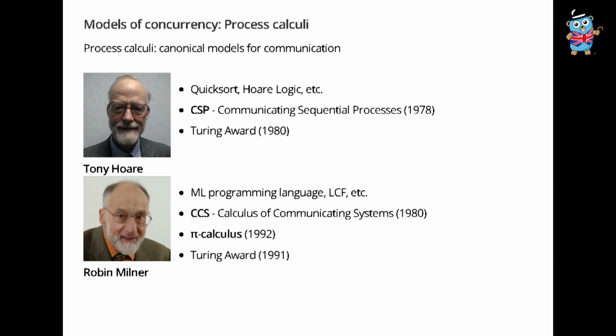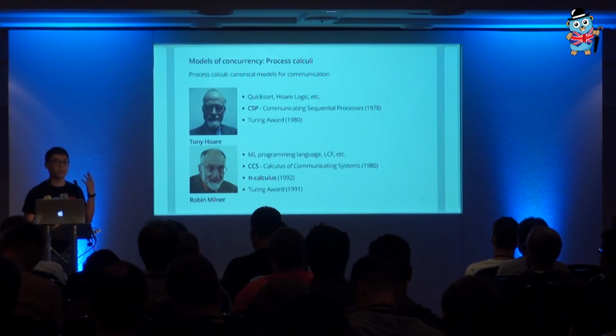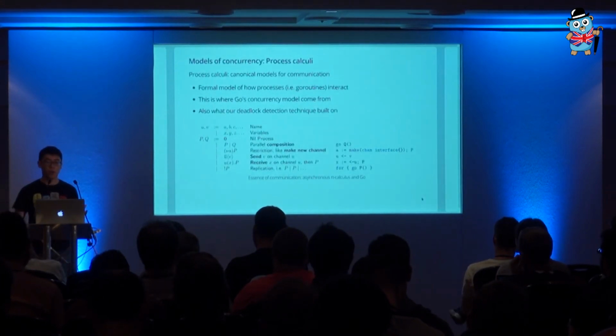But collectively, CSP, CCS, and pi calculus are canonical models for communication. They're very similar. They try to solve the same problem, and collectively sometimes we call them process calculi, because process calculi are formal models of communication.